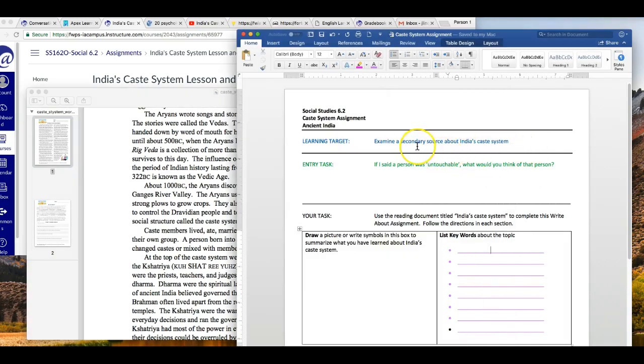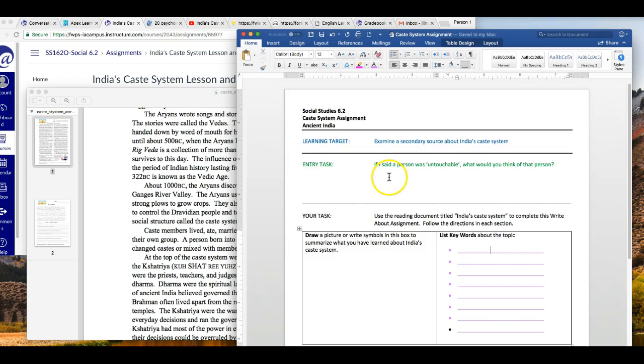A primary source would be something that was created in the time period that it is writing about. So this is a secondary source because it is written later than the time period that it is talking about. Okay?